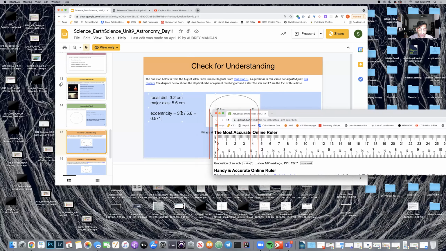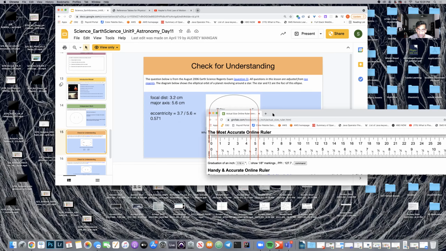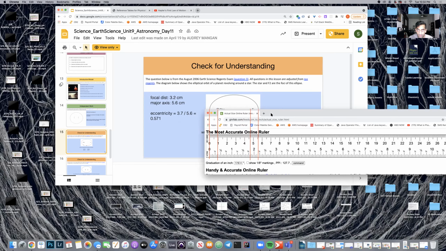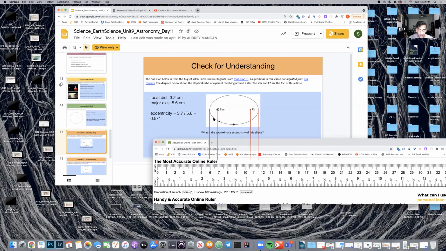Let me adjust that, 3.7. And then let me just double check my other one to make sure I didn't also make a mistake there. That is right about 5.6. So that one looks okay. But as you can see, it's very easy to make little mistakes here. We're doing a reading, and I'm going to recalculate my answer, 3.7 divided by 5.6, and that is actually 0.66.